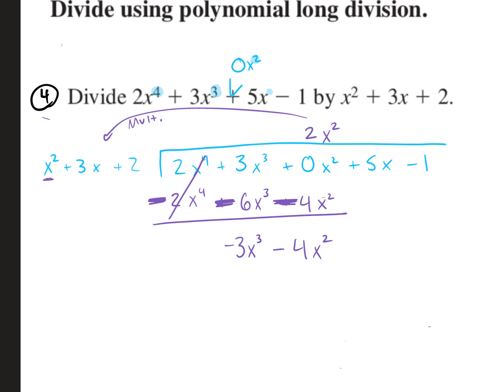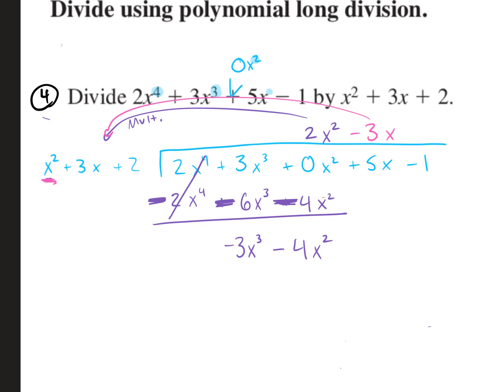What's next? Divide. So I'm dividing by my first term out front. So what is negative 3x cubed divided by x squared? Negative 3x, perfect. Once I write it up top, then what do I do? Multiply it to everything out front.